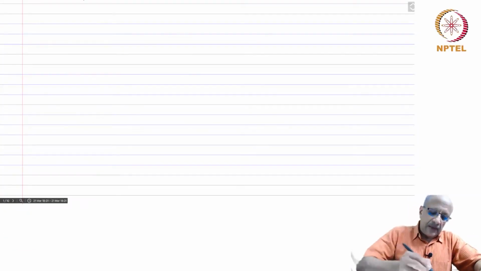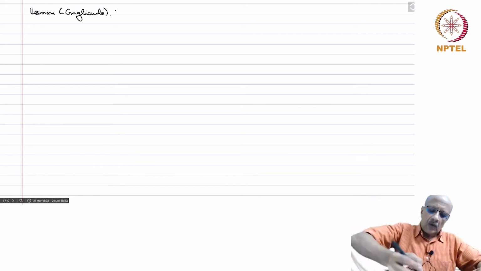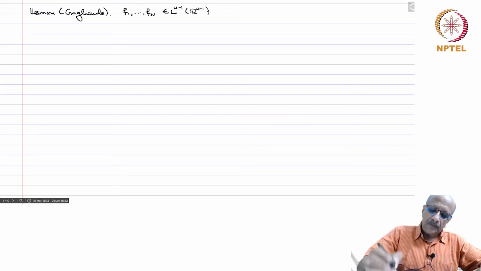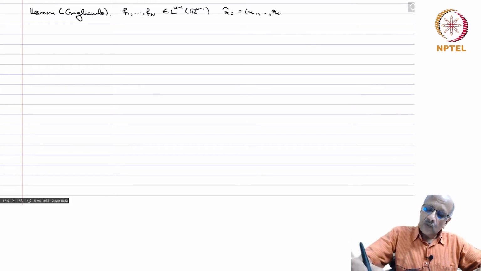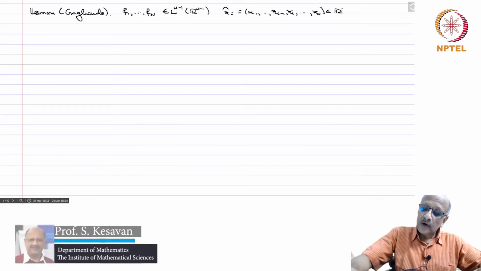We are discussing embedding theorems, and yesterday let me recall the lemma of Gallardo. So we have that f1, ..., fn belong to L^{n-1}(R^{n-1}), and x̂_i is (x1, ..., x_{i-1}, x_{i+1}, ..., xn). You drop the ith coordinate, so this belongs to R^{n-1}.